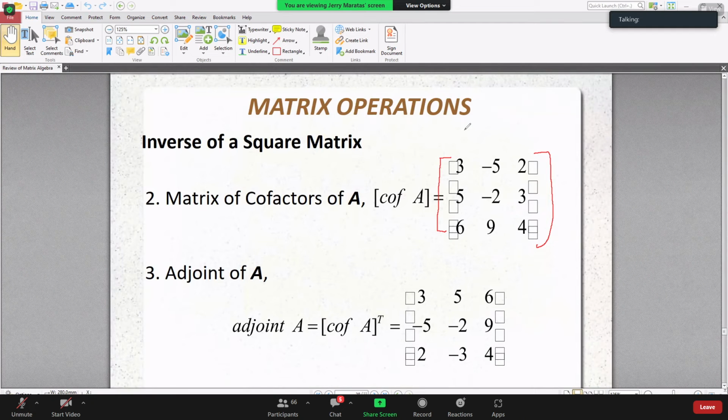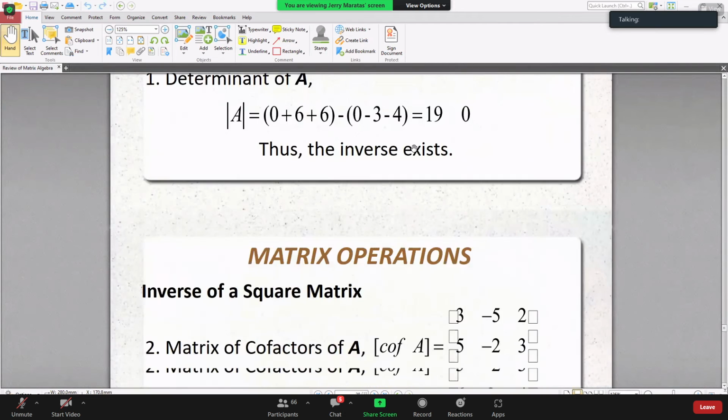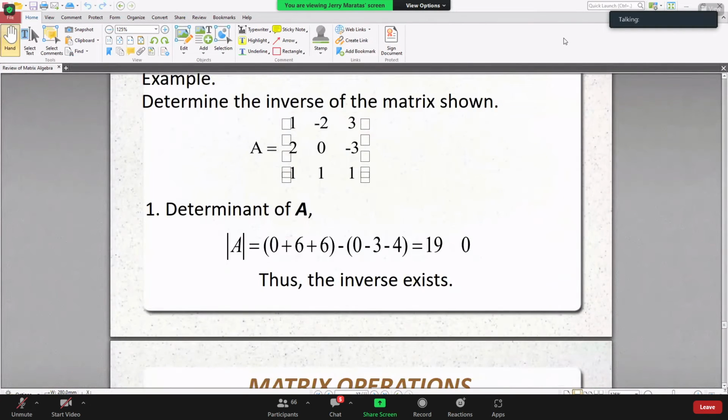So balik ta dere. Okay, so let's start with cofactor matrix A. So basically, pagkuha ni mo dere, this is the element of the first row, first column, no?